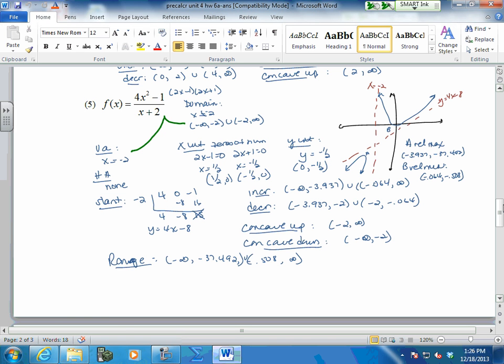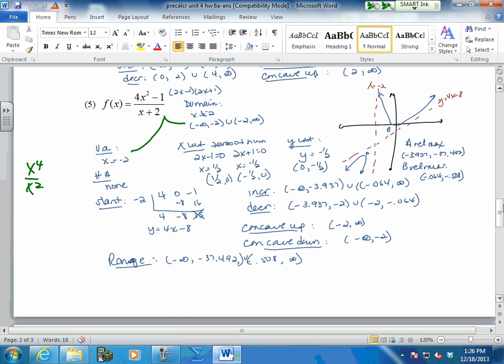When the degree in the numerator is greater than the degree in the denominator, we don't have one, but we check for a slant. As long as it's 1 more, we have a slant. If it was x^4 over x^2, we don't have a slant. So we divide it out, and here's your slant asymptote. If you even put that in your calculator in your y2, it shows you. It'll give you the guideline for your graph.